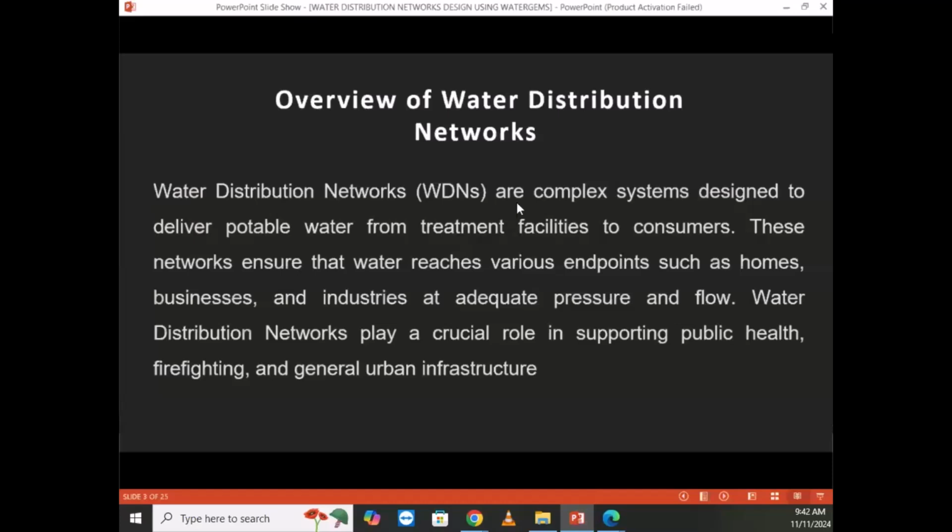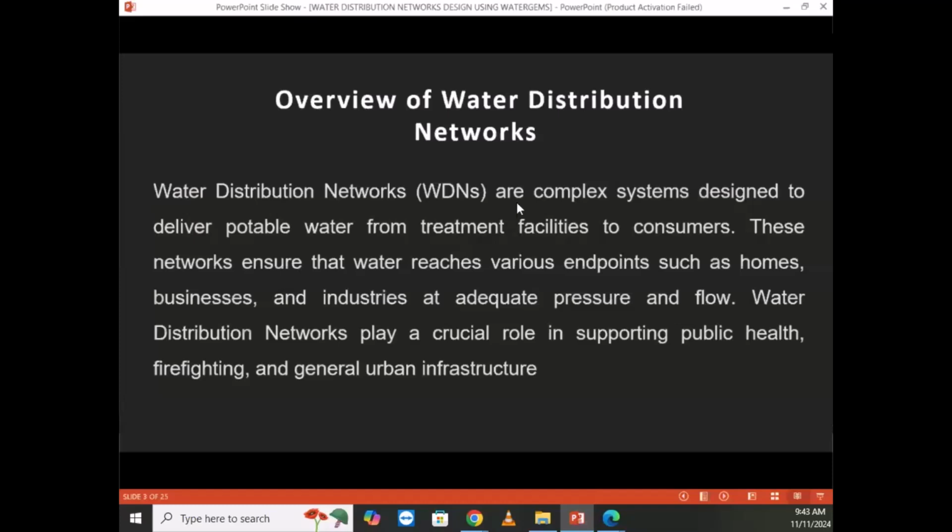So this main dam, most of the time, it is also encouraged to put them at the highest elevation that you may find in an area. So to me, if you want to supply water in this area, maybe you have a source here.